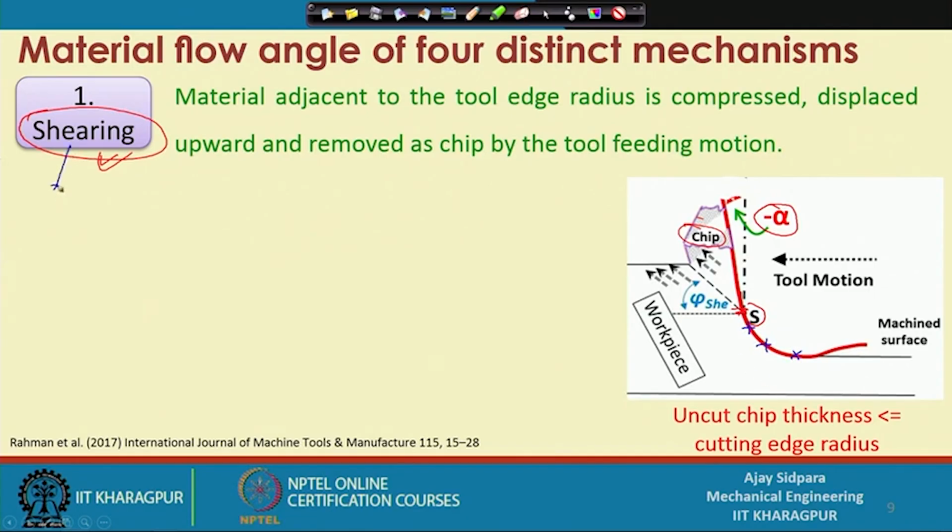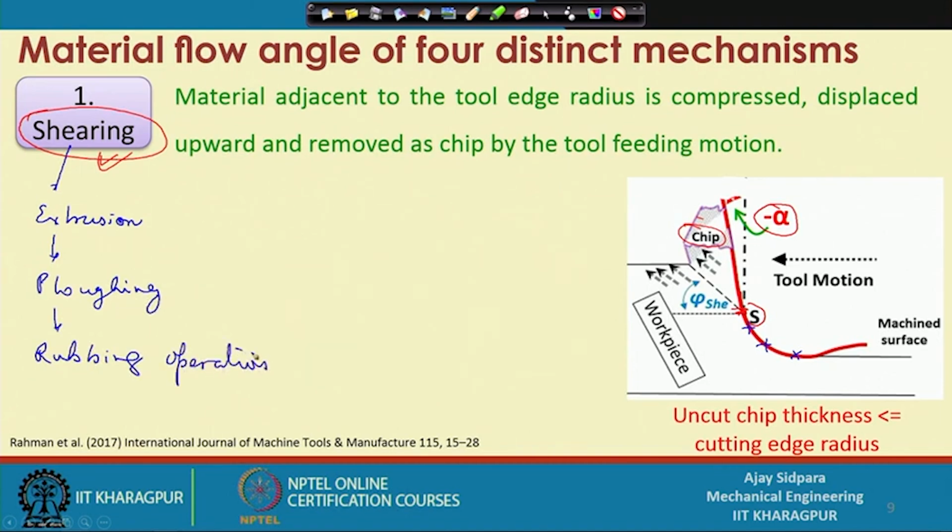So, one was the shearing mechanism, then it was extrusion, then ploughing, and then finally the rubbing operation. So, what is important? This shearing is important.